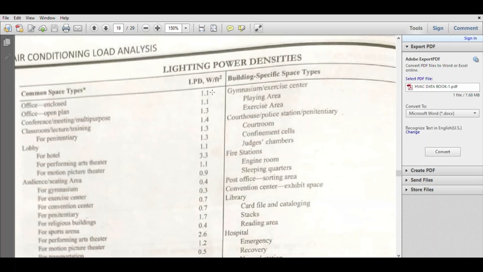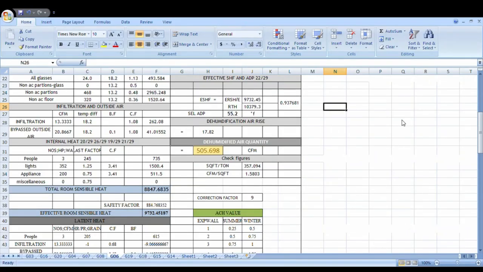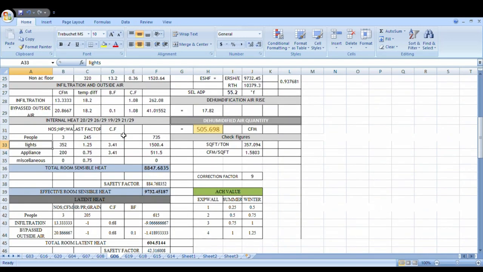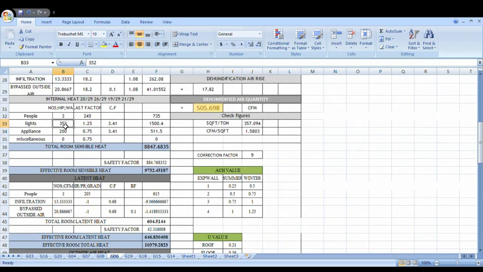So 1.1 into 320, you will get 352 watts. This ballast factor is constant, 1.25, and this conversion factor is also constant, 3.41.